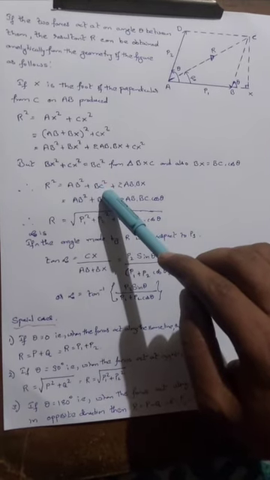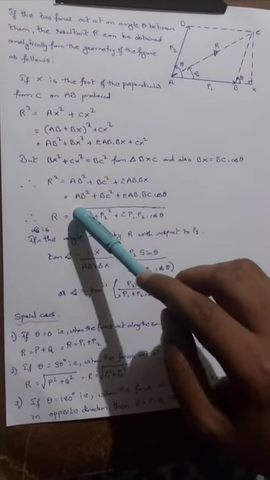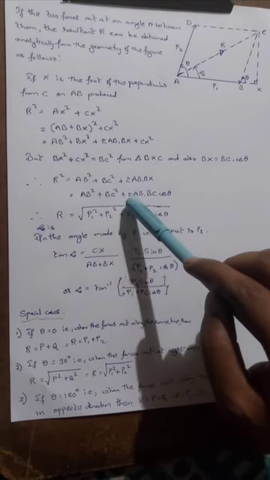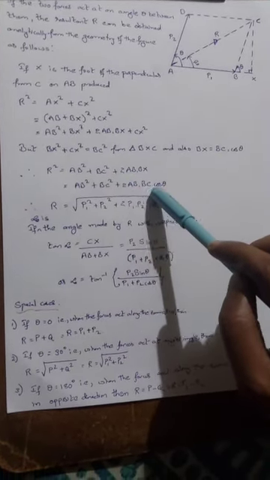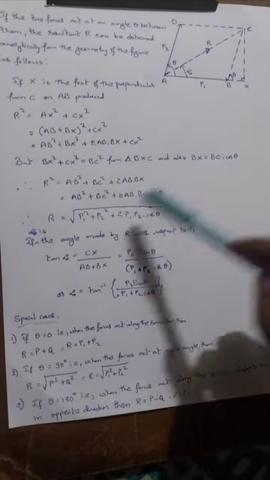R square is equal to AB square plus BC square plus 2AB into BX, which in turn becomes AB square plus BC square plus 2AB into BC cos theta, because BX is equal to BC cos theta.